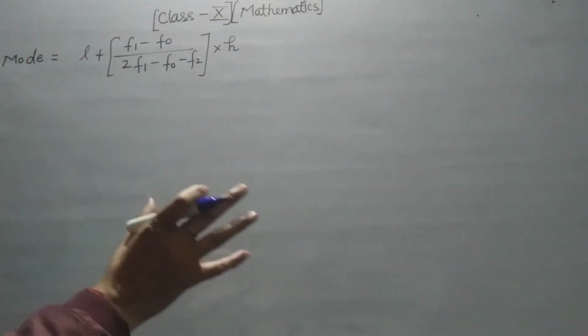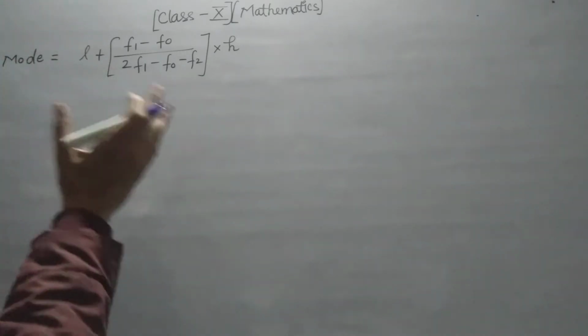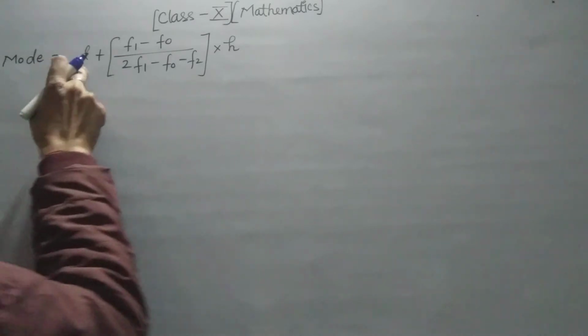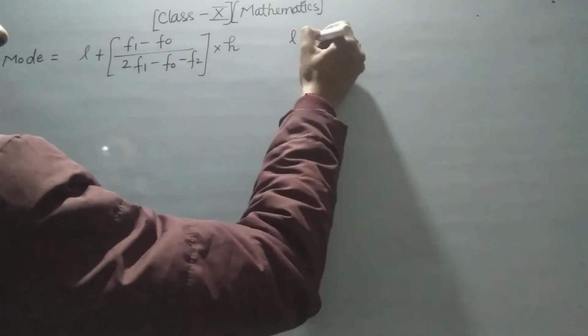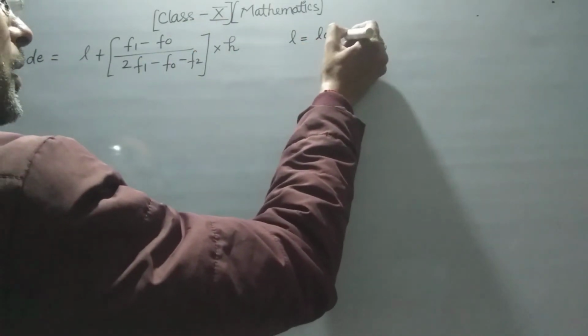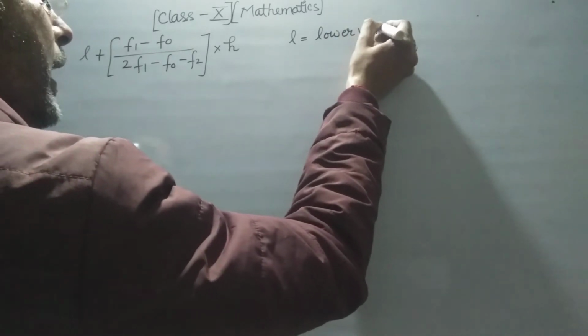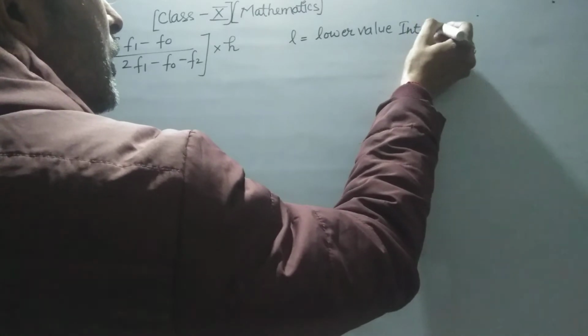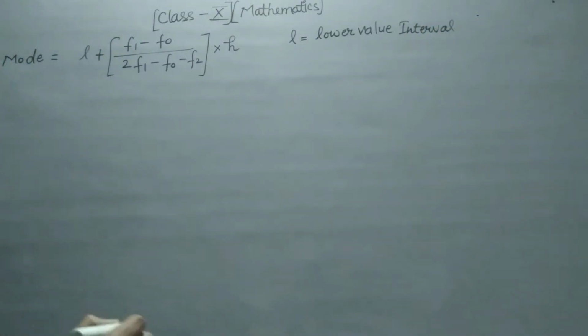Here we have to know and explain all the terms one by one. The name of L is the lower value of the interval. Clear?